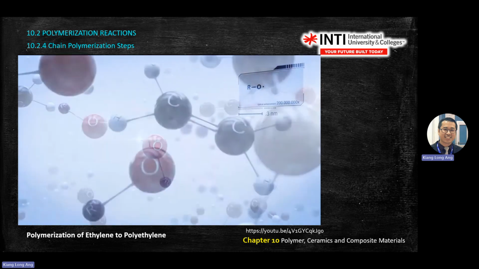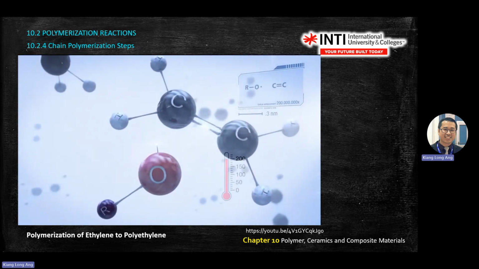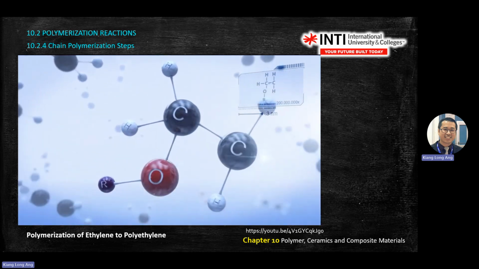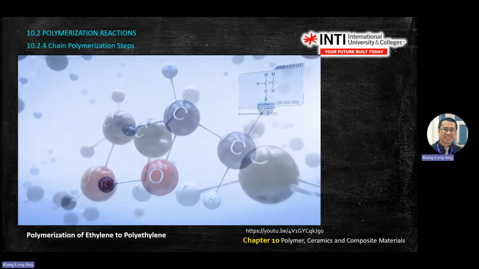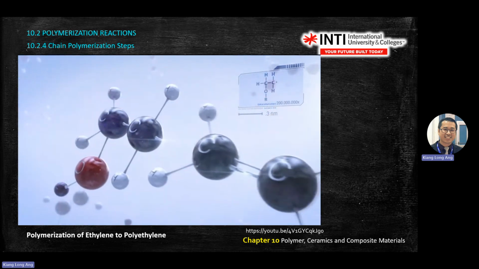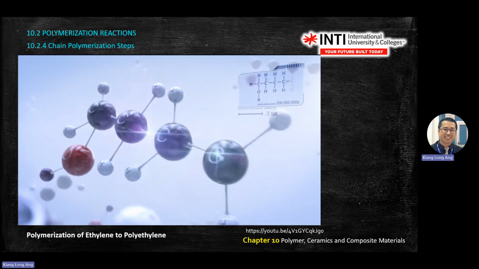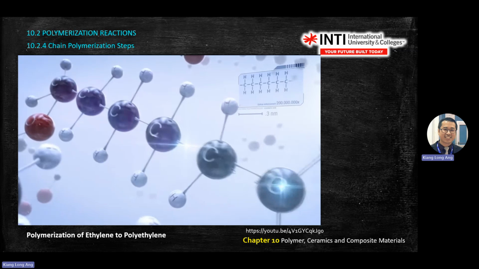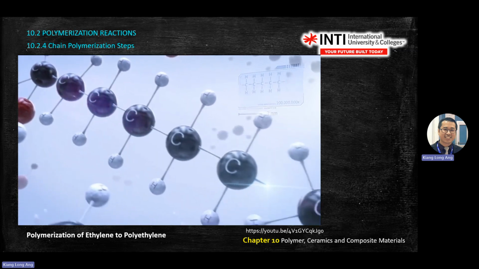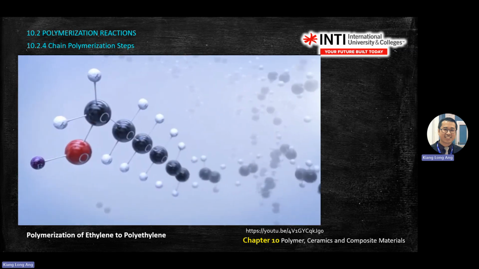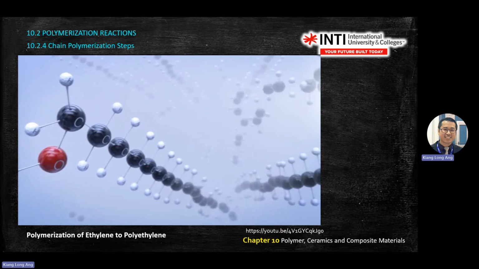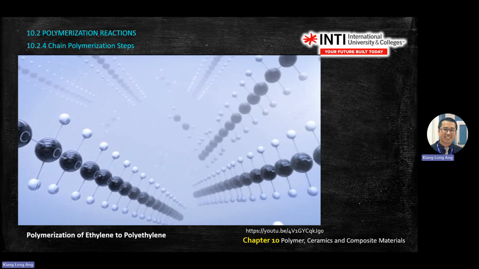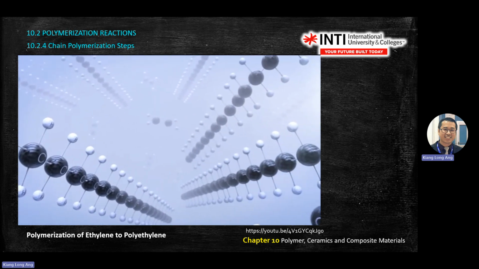These radicals start the reaction with ethylene. One free radical opens the double bond of an ethylene molecule and forms a new radical. Then this new radical opens another ethylene monomer, and this process continues, making the actual polymer. This second step is called the propagation. You continue to join the string until termination. Now there's only one step to go to turn a monomer into a polymer, termination.